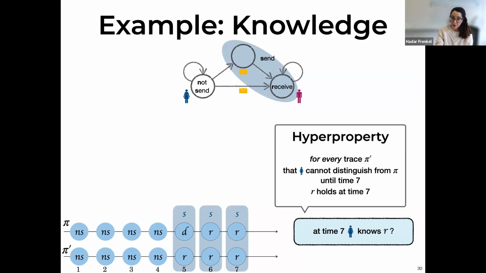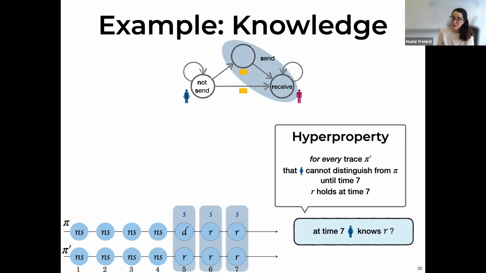So this is a hyper property because we have to relate different executions in order to conclude the knowledge of the blue agent. And this hyper property states that for every trace pi prime that is indistinguishable for the blue agent, the message is received at time point 7.